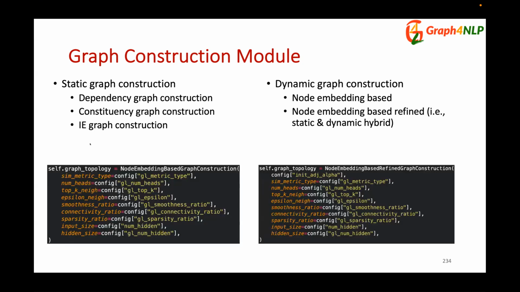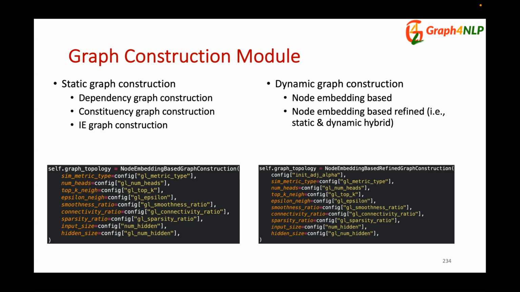So here are some examples of how we can call dynamic graph construction module APIs. For the first one, we can see that here are some important parameters, for example, the symmetric type parameter. Here we can specify which kind of graph similarity metric learning function we want to use, either attention based, cosine based, and so on.